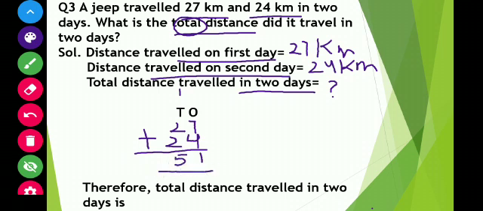That means our answer is 51. Therefore, we will write this answer which we get after adding the two numbers, 51. Total distance traveled in 2 days is equal to 51. And what is this 51? It is kilometers. So we will write 51 kilometers.